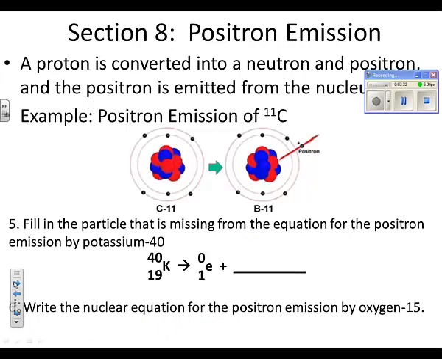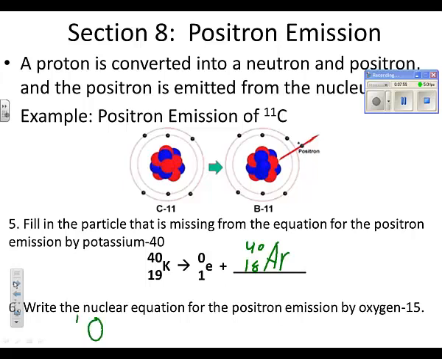Now, positron emission. Now we're just going to change the symbol of the beta to a positive 1 instead of a minus 1. Work it the same way. Top number would be 40. 19 minus 1 would be 18. Element number 18 is argon. Then write the positron emission for oxygen-15.